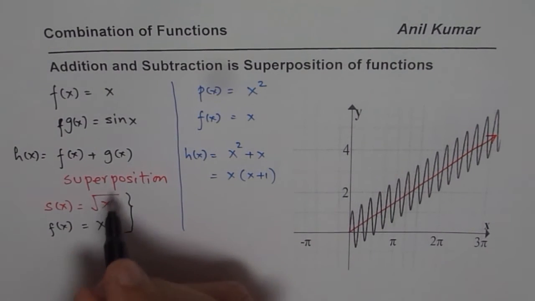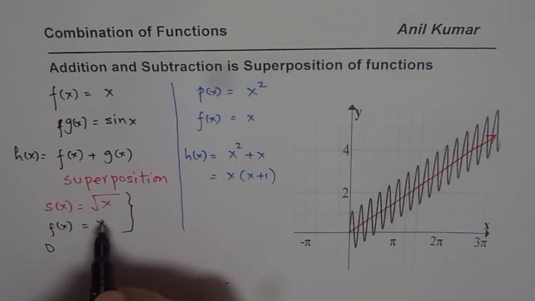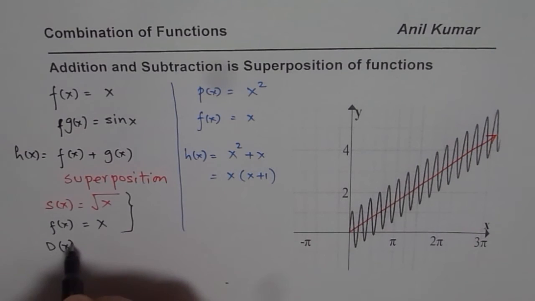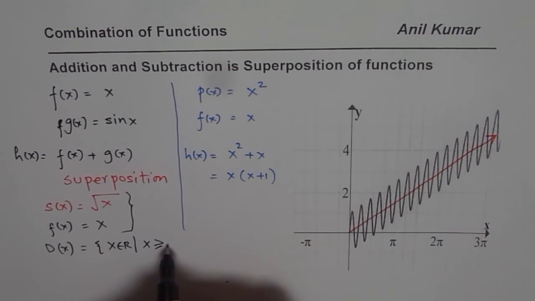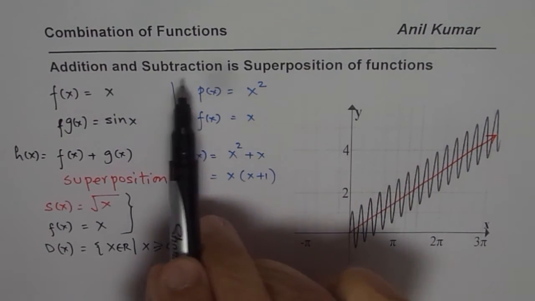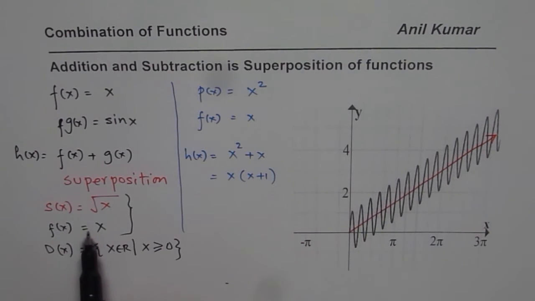So this operation can only be done in the domain which is common to both. So this operation can be done in the domain where x belongs to real numbers, but x is greater than or equal to 0, right? So that is important. So whenever you're doing combination of functions, take care that it should be done in common domain. We cannot perform these operations when x value is negative, right? That is key to this.